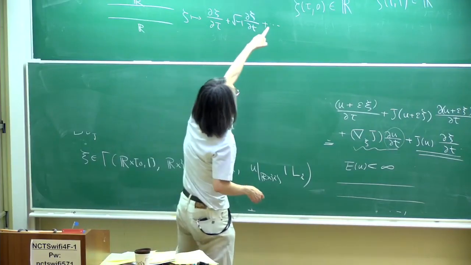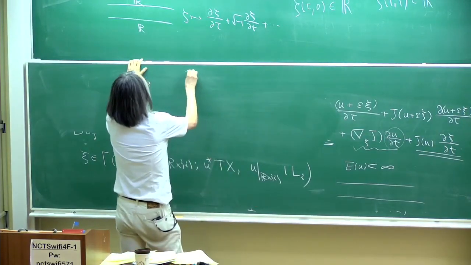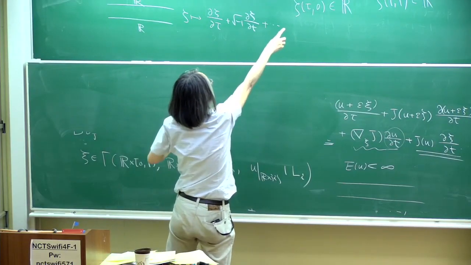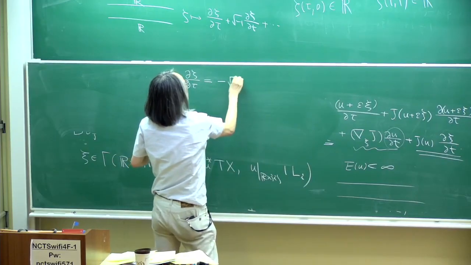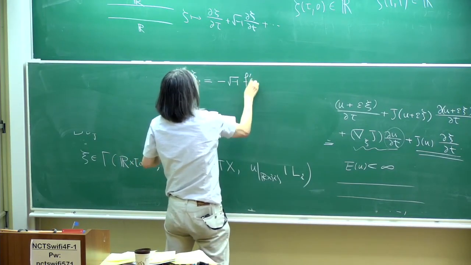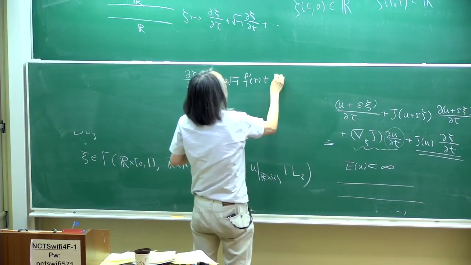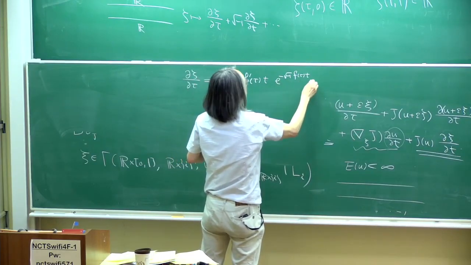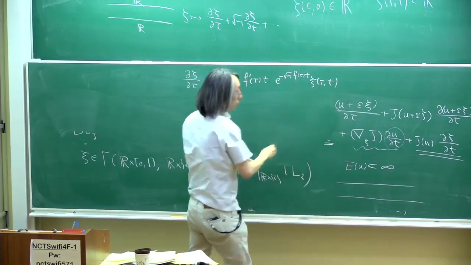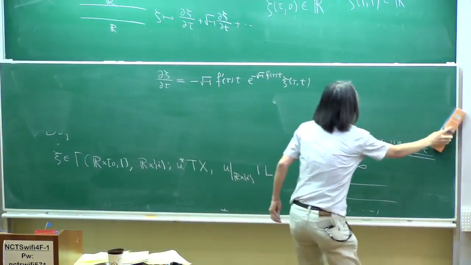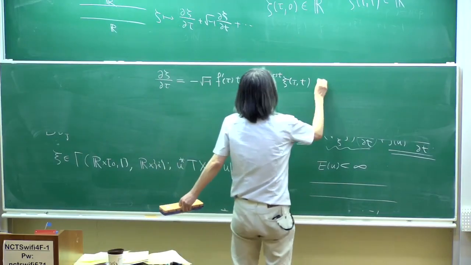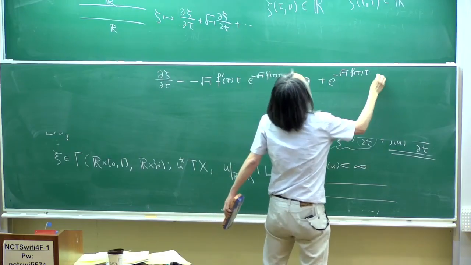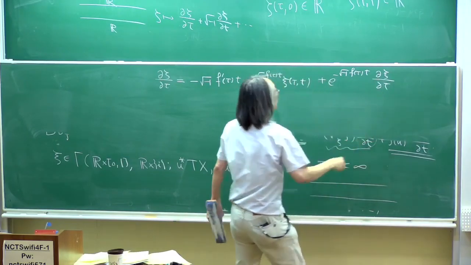So theta is that one. So therefore, if I do this d theta d tau, I have to differentiate that one. So therefore, I have minus square root minus 1 and f prime tau of t, and e to the minus square root minus 1 f tau t of psi of tau t. So this is okay. And then the second term is just a derivative in psi. So then this is just like this. Okay.